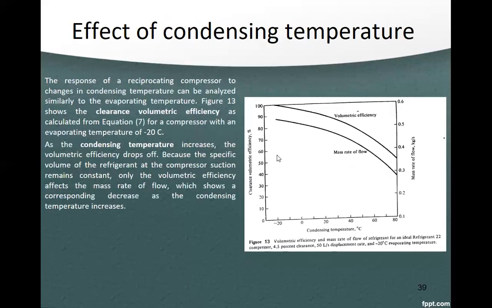Now, the effect of condensing temperature. There is a response there, because you balance your system, with the performance of the evaporator, condenser, and compressor. Here, only at the condenser, you balance it. The response of a reciprocating compressor to changes in condensing temperature can be analyzed similarly to the evaporating temperature.